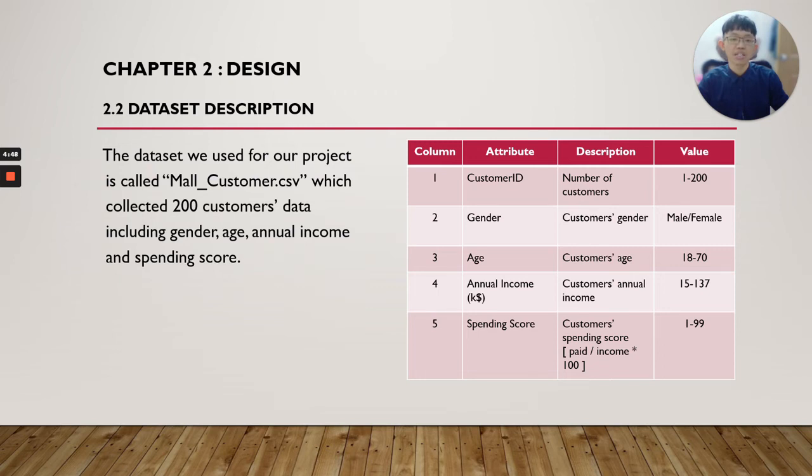The customer ID is the number of the customer, gender is the customer's gender, age is the customer's age, and annual income is the customer's annual income, with a value range up to 137. The spending score is calculated by the formula pay divided by income times 100, so the value is 1 to 99.